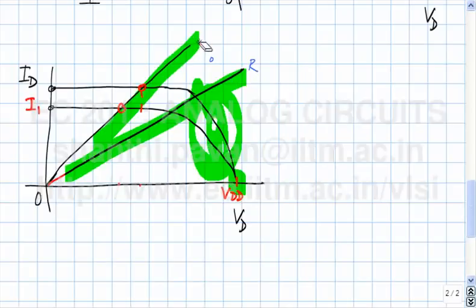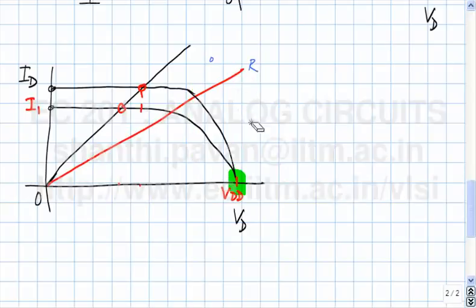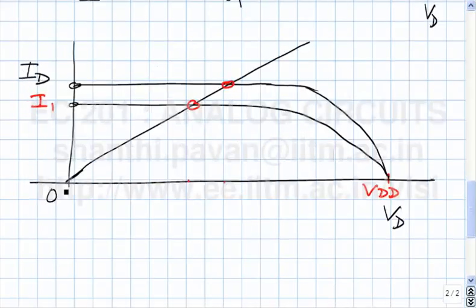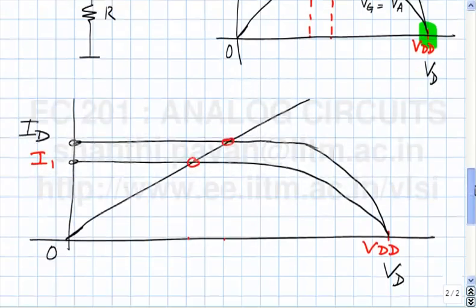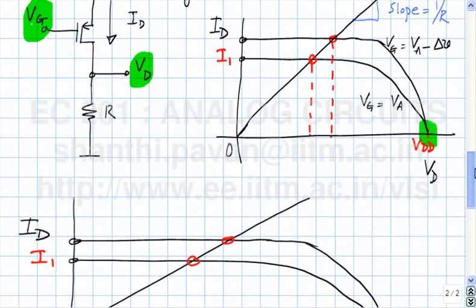So to get a larger gain while still remaining comfortably in saturation, what should I do? To increase VDD. Let me show you. If I wanted twice the gain, I had to push VDD almost by a factor of 2.